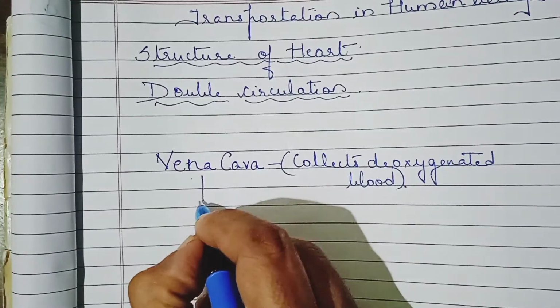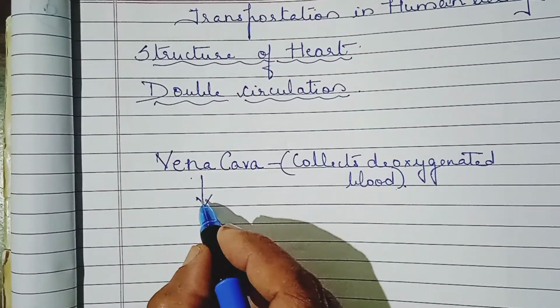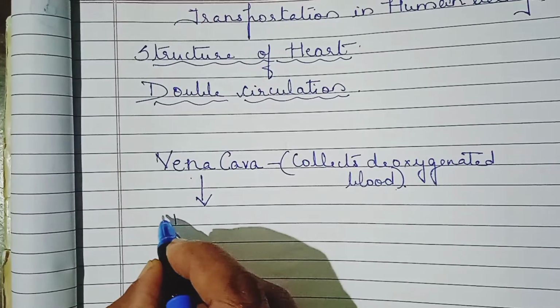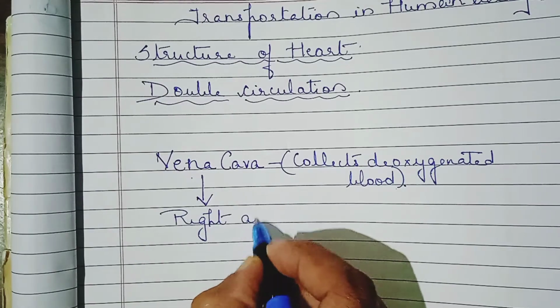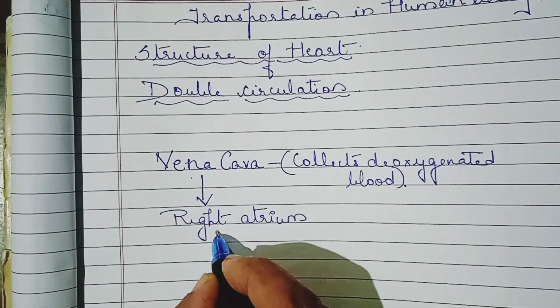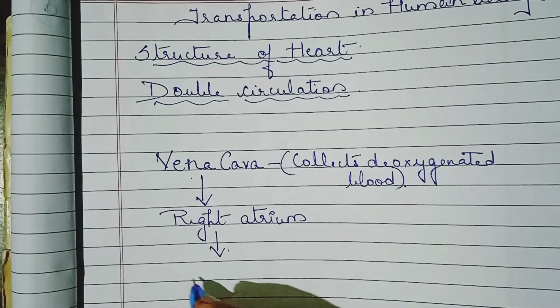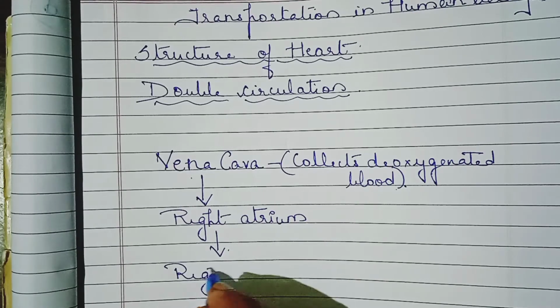Then this vena cava collects the deoxygenated blood and it gets into the right auricle or right atrium, and from the right atrium it gets into the right ventricle.